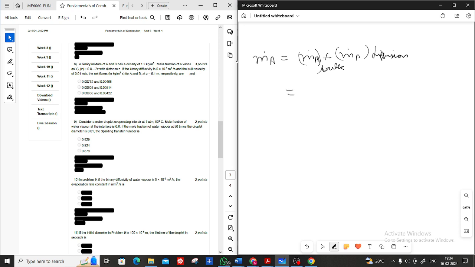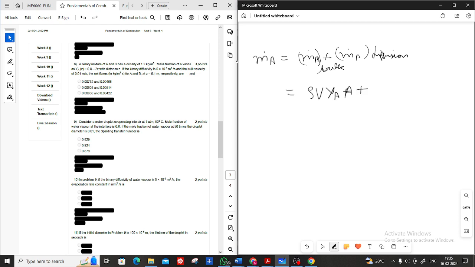So the mass flow rate of A due to bulk motion, what will it be? Density of mixture into velocity of mixture into mass fraction of A, multiplied by area. Should we multiply by area or not?